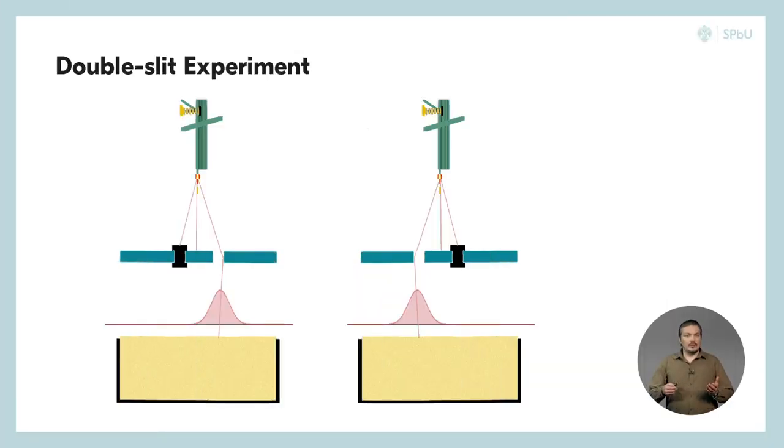Now, if we perform this experiment with only one slit opened, it does not matter left or right, we are going to obtain a very straightforward result. Most of the bullets go to the position right in front of the open slit, while fewer of them stray away from the straight line because they hit the edge of the slit and bounce off it.